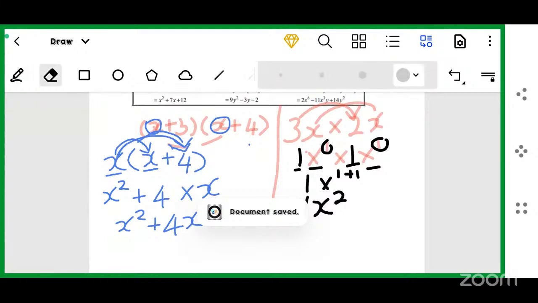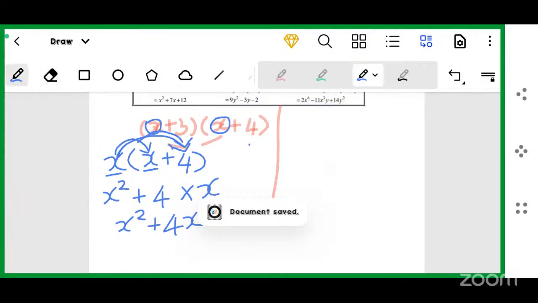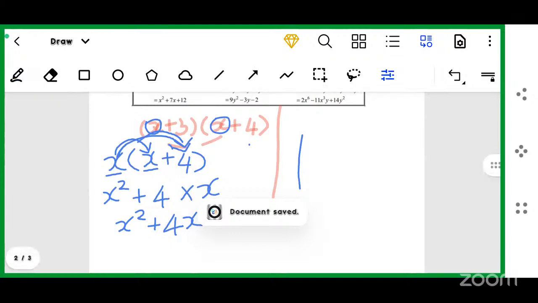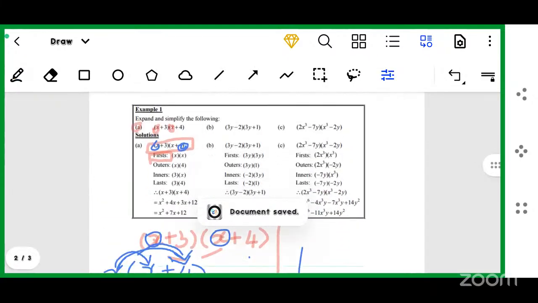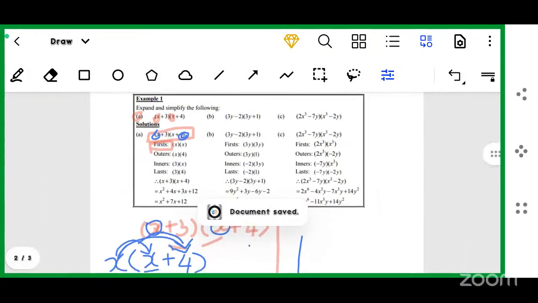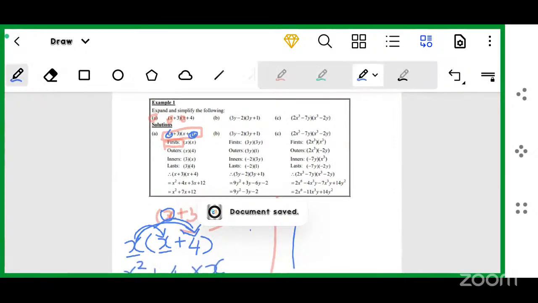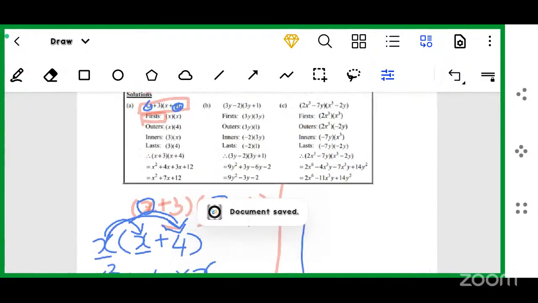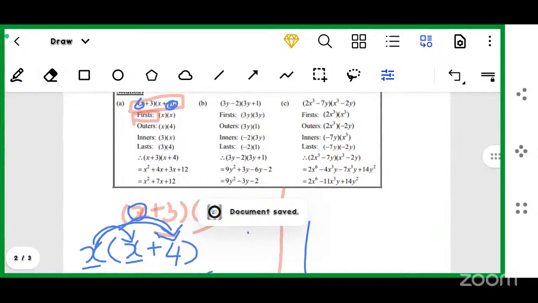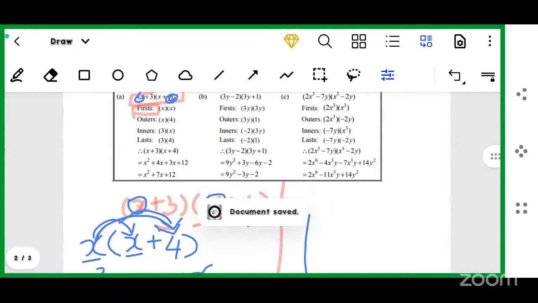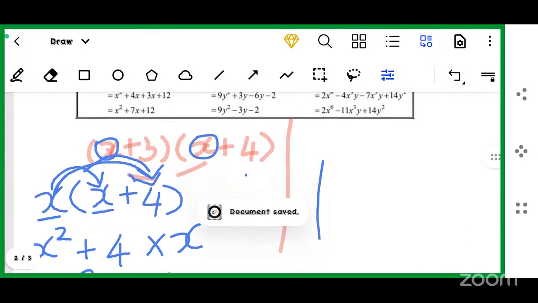So coming to the second one, we have a plus 3. So when you're dealing with the plus 3, you have to multiply with x plus 4. Let me just increase the thing there.